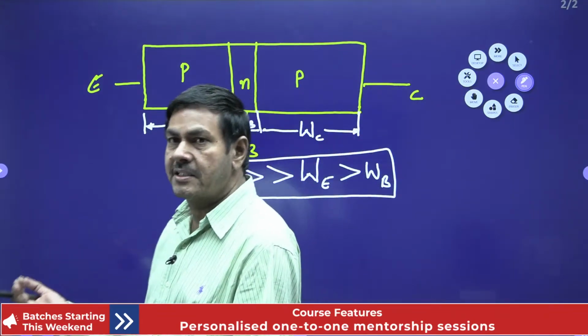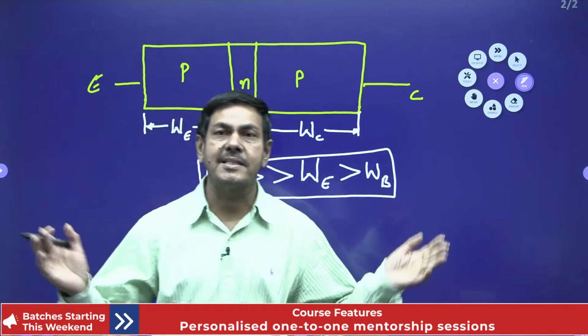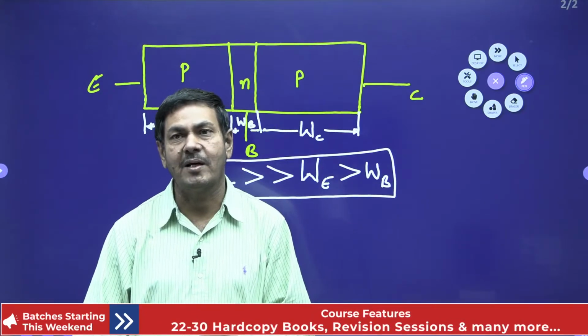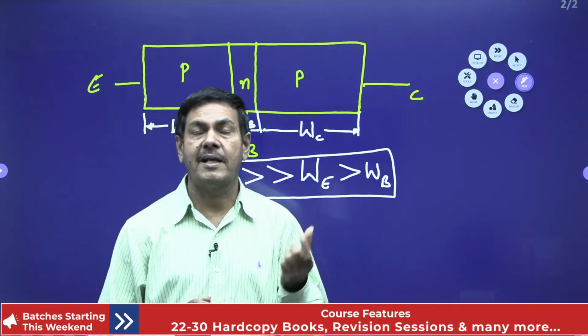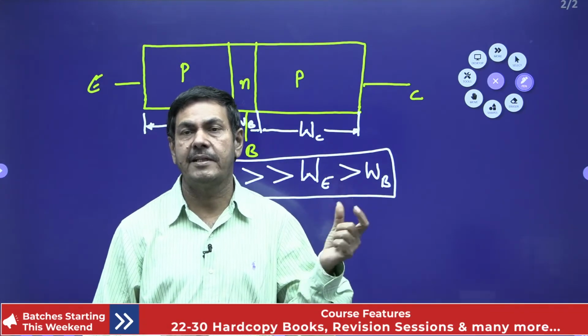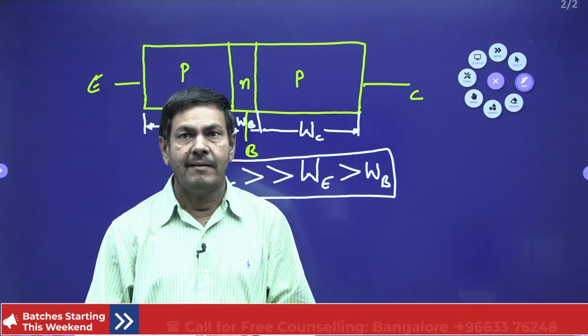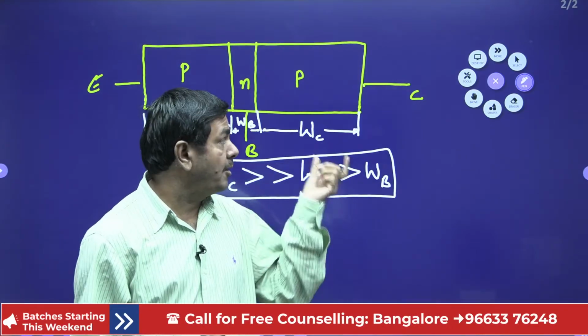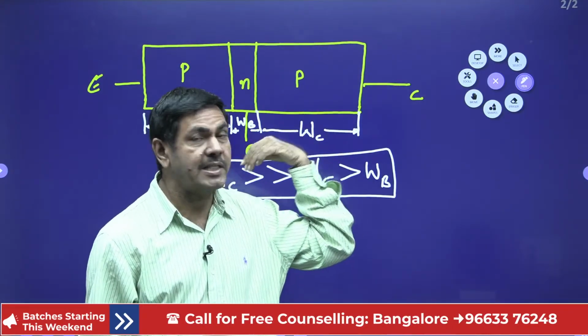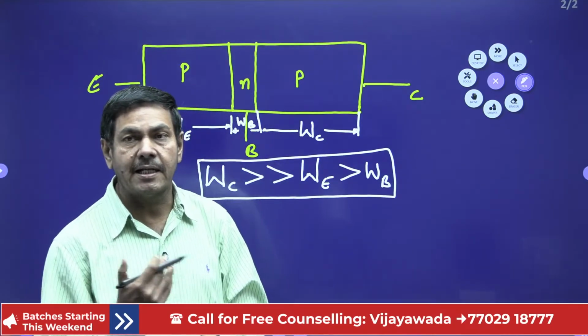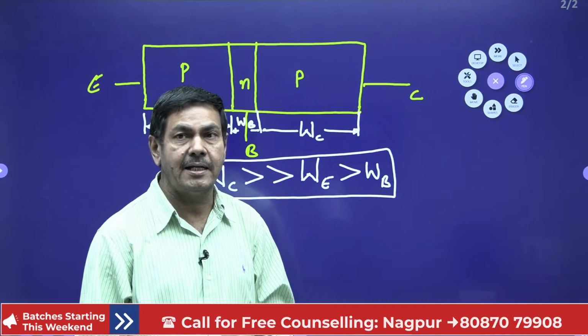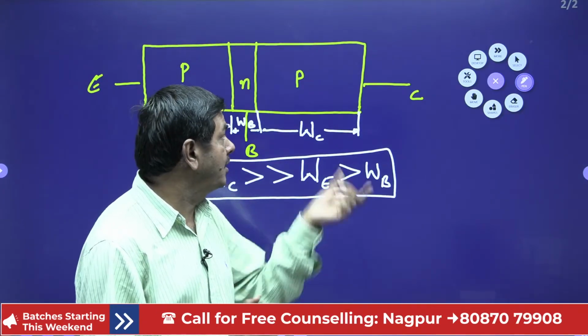Why should I not take all the regions of equal size? The doubt is going to arise. Why is the collector region maintained very large? Power consumption is high there, because we receive the output current from the collector. Whenever you receive the collector current, power consumption is also more in the collector region.